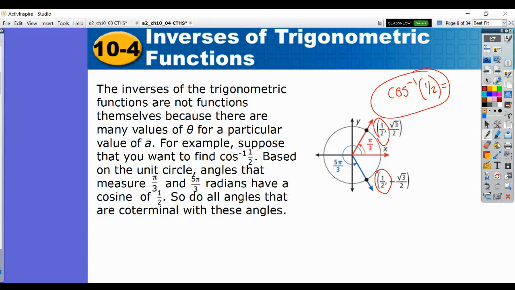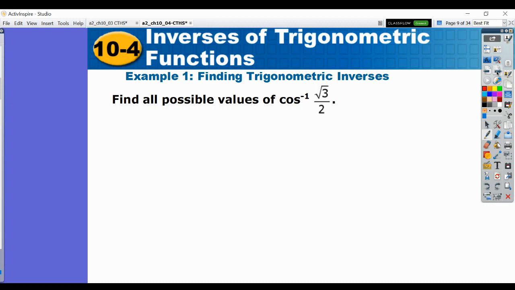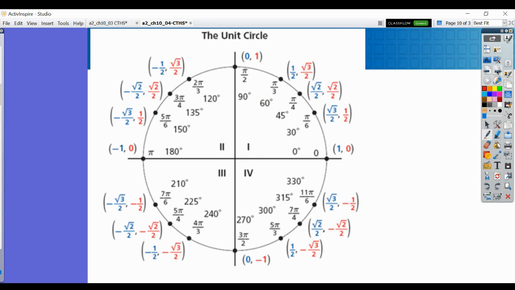So let's take a look at what's going to happen. Let's do a different one. Find all the possible values of inverse cosine of square root of 3 over 2. Use your head or your unit circle. Where on the unit circle is the square root of 3 over 2 in the cosine position? There's 1, there's 2.